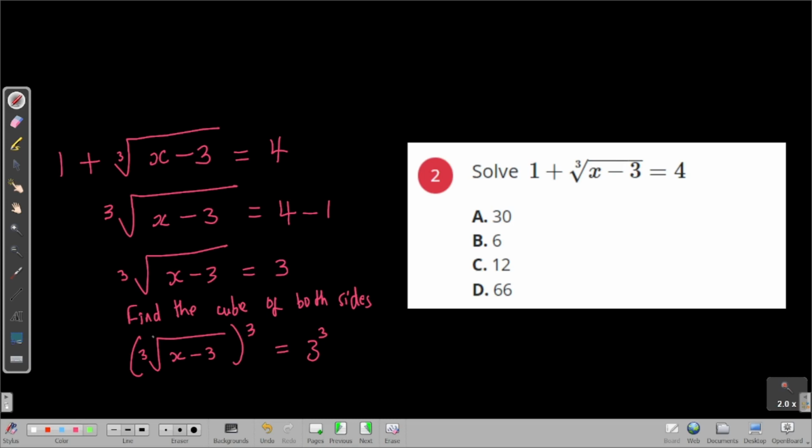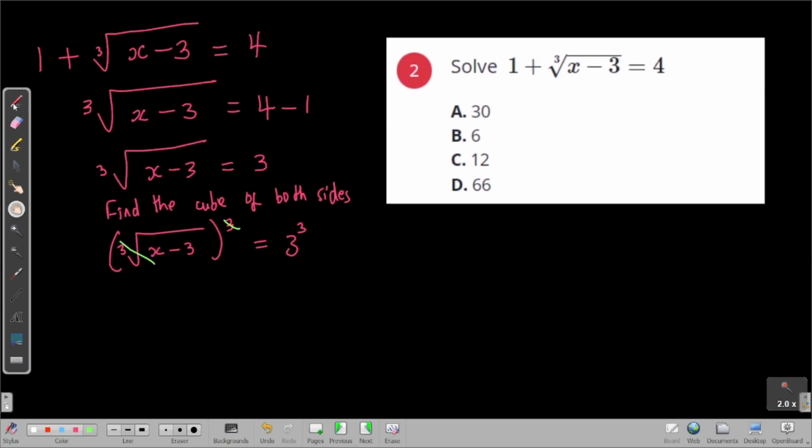On this side, the cube will cancel the cube root, and x minus 3 is equal to 3 cubed. 3 cubed is 27. So x is what? 30. So that is option A.